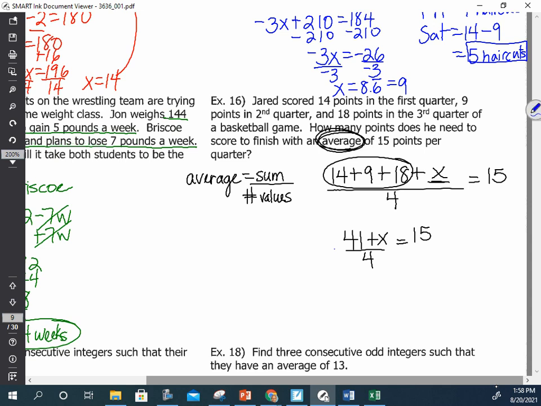So we need to multiply both sides by 4. Cross out both parts. We have 41 plus x equals 60. Then it's a simple subtract 41 on both sides. You get x equals 19.